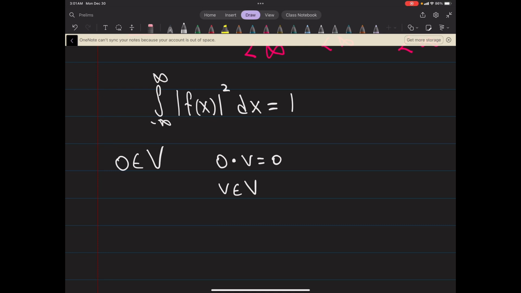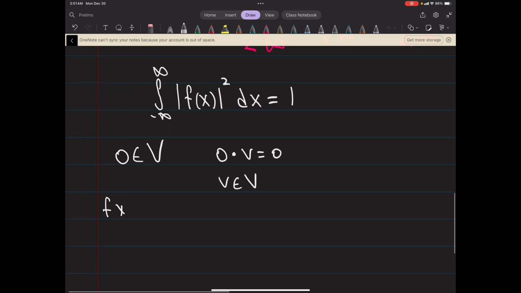Well, that's a little bit of a problem here, because if we take f of x equals 0, clearly that integral is not equal to 1. So the null vector that we need to be an element of our vector space is not included. It doesn't satisfy that condition and is not an element of the set of all normalized functions.